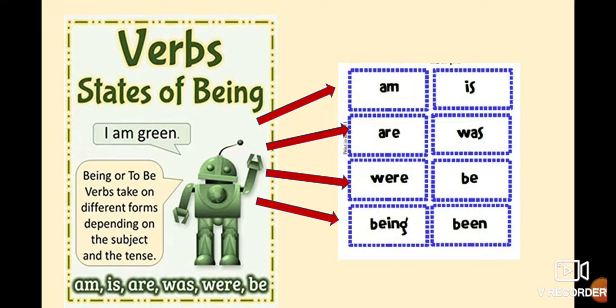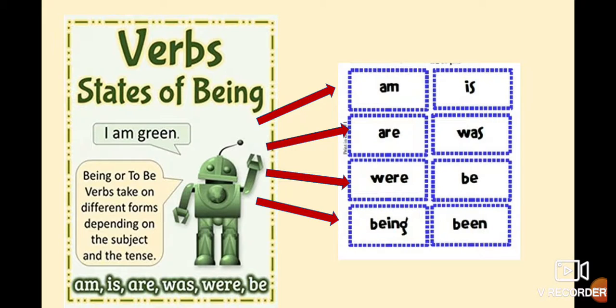For example, if you talk in present, you use am, is, are. If you talk in past, you use was, were, and been. And if you talk in future, you use be, been.